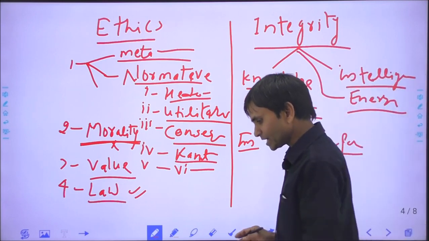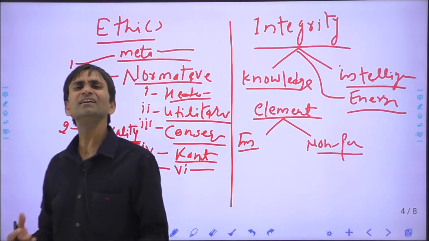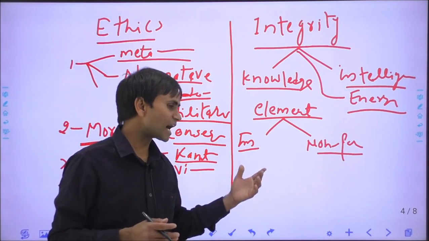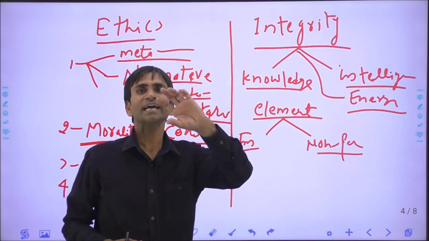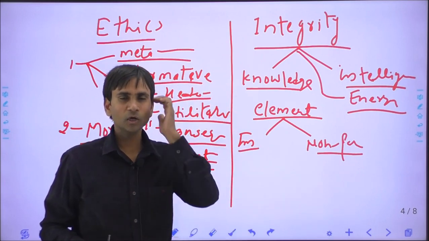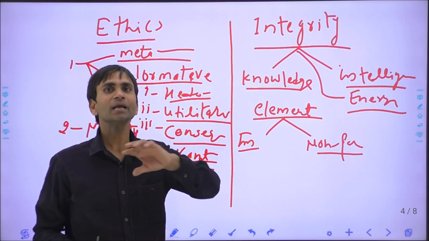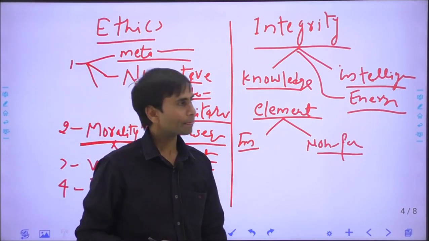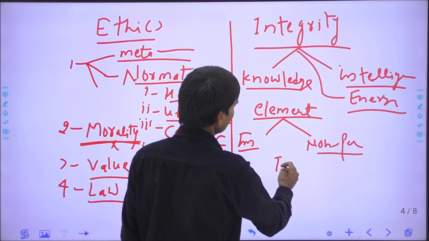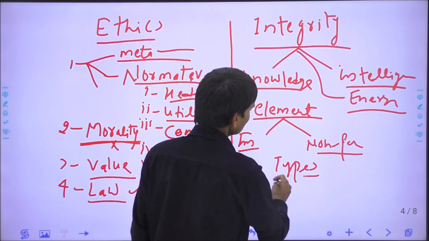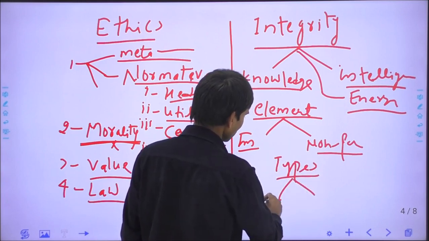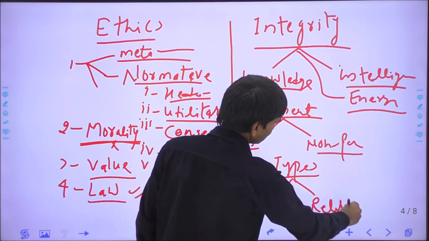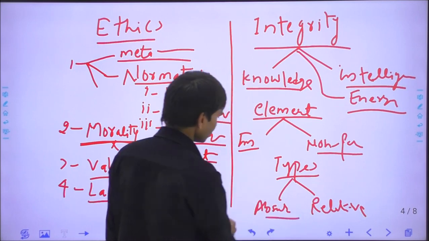As a civil servant, if you have individual interest, and whenever you realize I must get involved, I should take my share or try to obtain any pecuniary benefits, definitely you are compromising. And there are two types of integrity: absolute integrity and relative integrity.